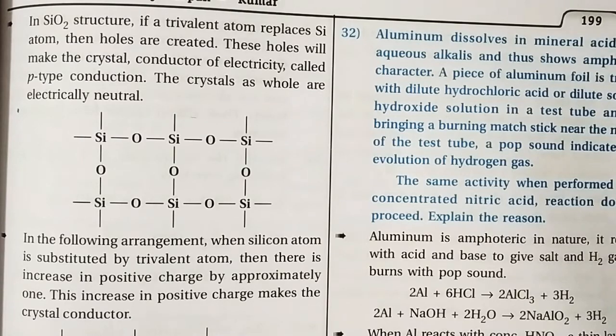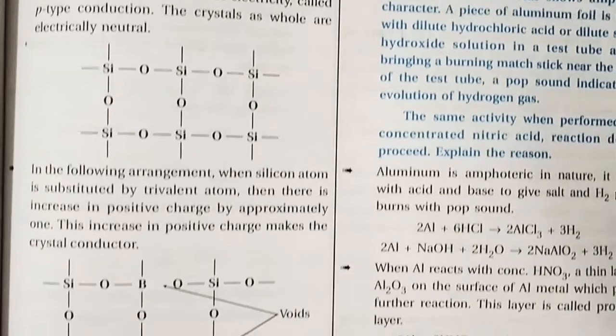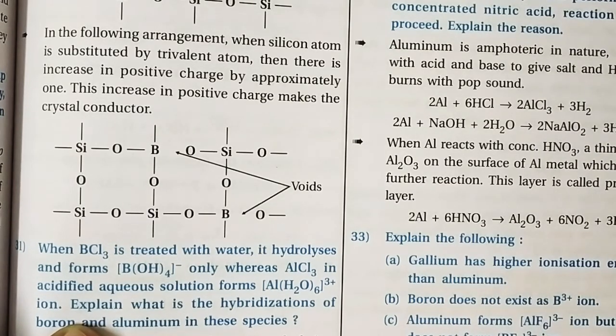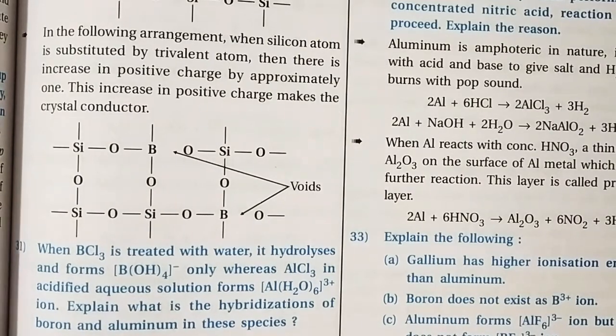The crystal as a whole is electrically neutral. But in this arrangement, when a silicon atom is substituted by a trivalent atom, there is an increase in positive charge by approximately 1. This positive charge makes the crystal a conductor.